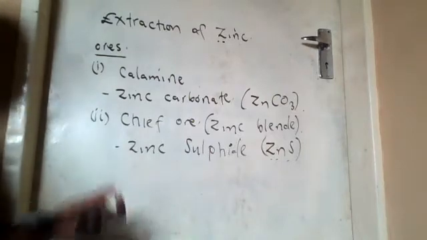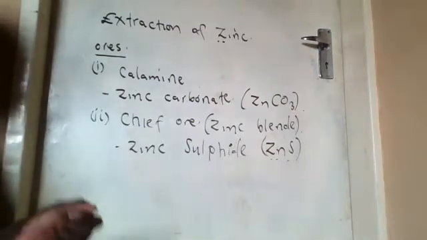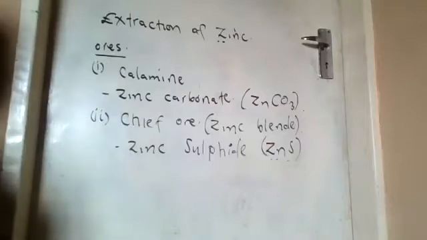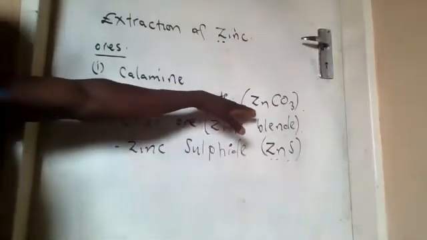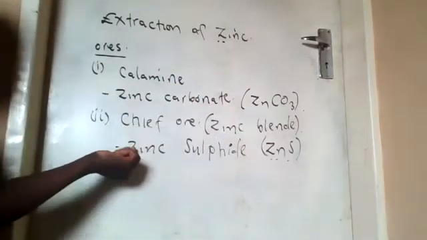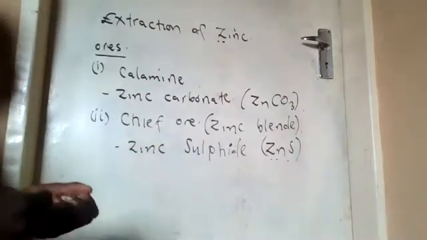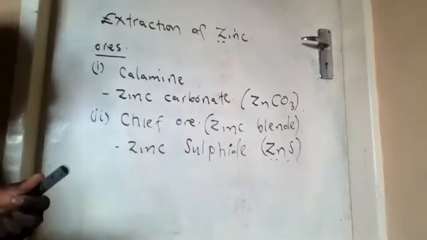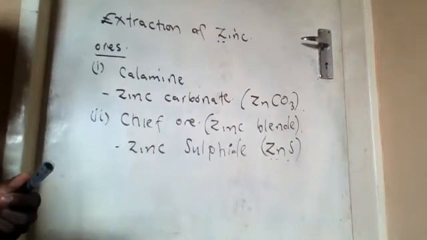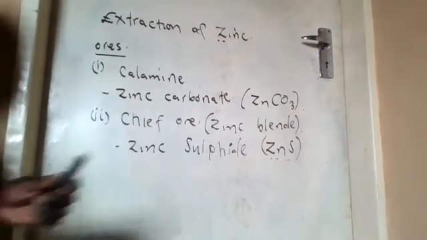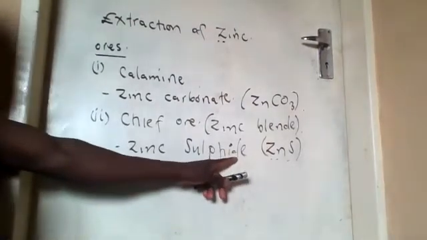So far, we have looked at the ores in which zinc can exist. The first one is called calamine, which is zinc carbonate, and that is its chemical formula. The other one is the chief ore, which is zinc blende, and the zinc blende has the chemical formula zinc sulfide, not zinc sulfate.